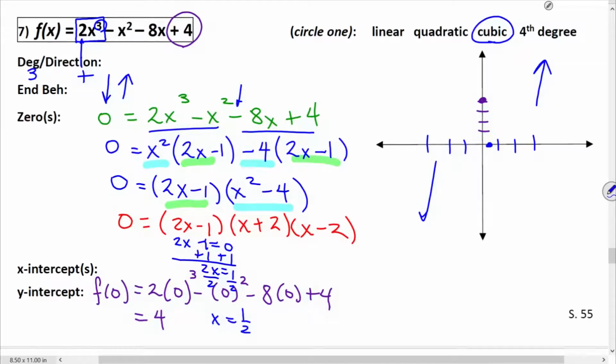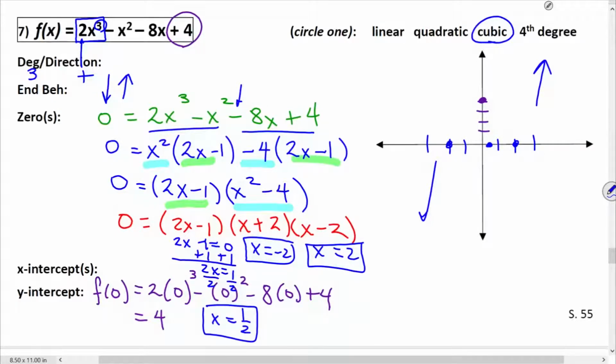For this one, what number plus 2 equals 0? That's negative 2. And what number minus 2 equals 0? That's positive 2. Okay, so I get positive 2 and negative 2 as being two of my zeros.